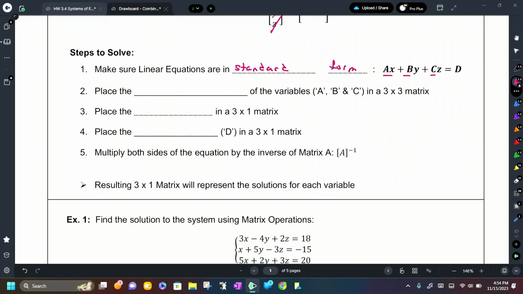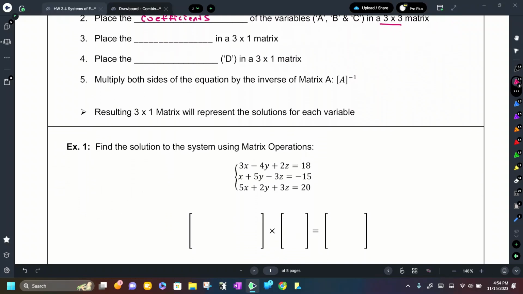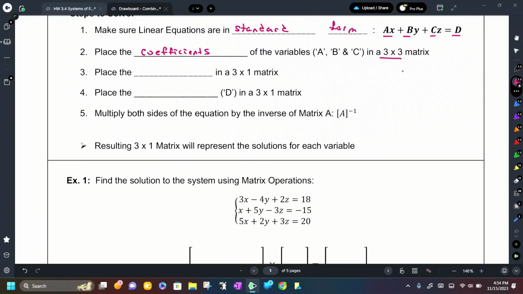A, B, C, and D are just numbers, and A, B, and C are the coefficients of the variables. We're going to take those coefficients and put them into a 3 by 3 matrix. When we talk about a matrix, this is the dimension of the matrix, and sometimes you'll see it referred to as DIM.